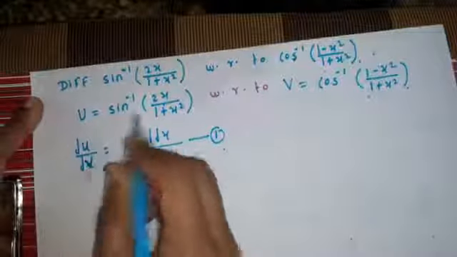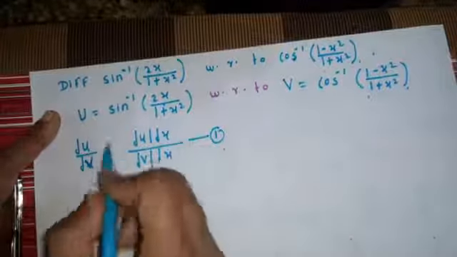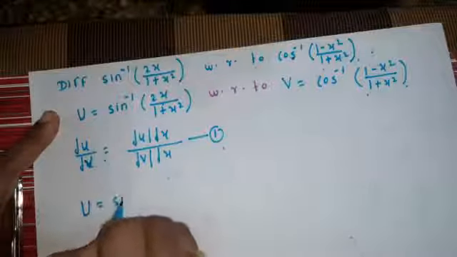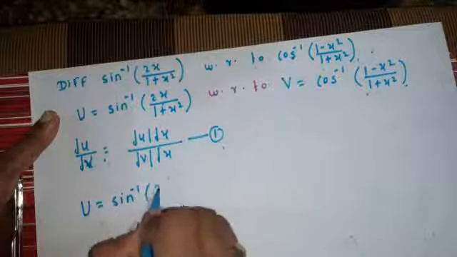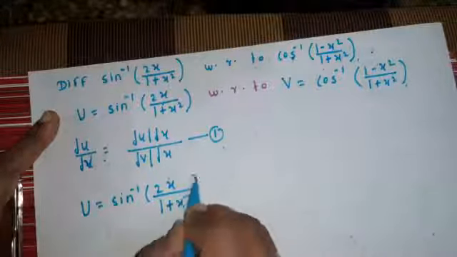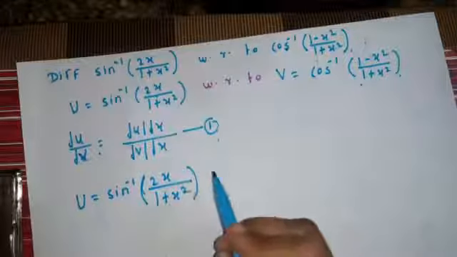So what is the u function here? Suppose u is sine inverse of 2x upon 1 plus x square. But see students, here the function is complicated.